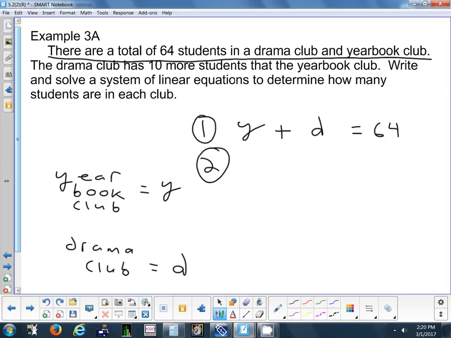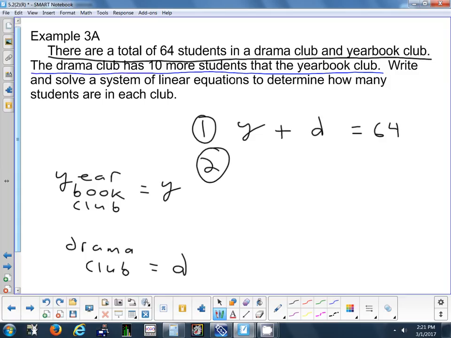So can somebody tell me, you don't have to give me the equation, but tell me what sentence in that problem is going to help me next. Okay, can you read me the second one? The drama club has 10 more students than the yearbook club.